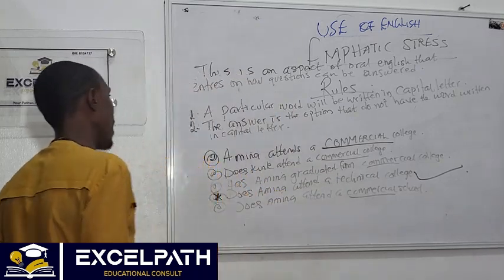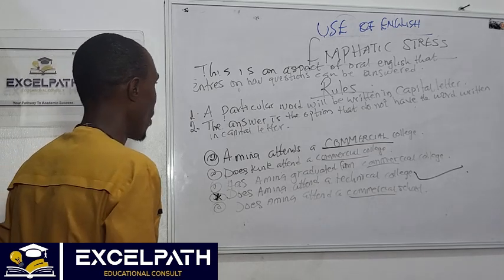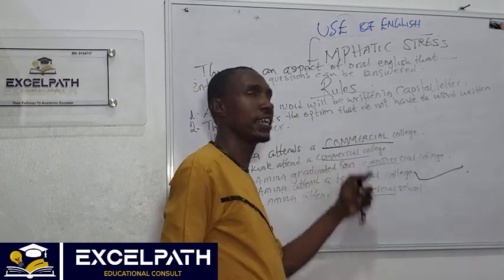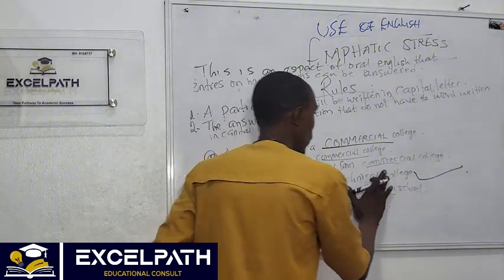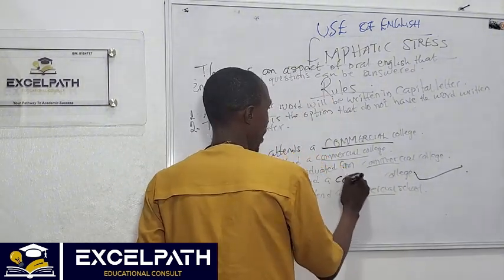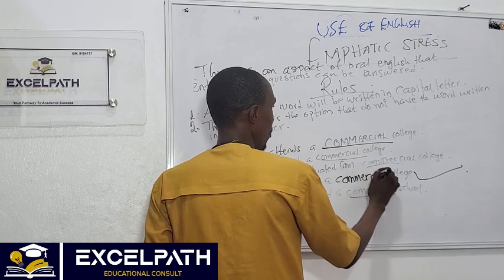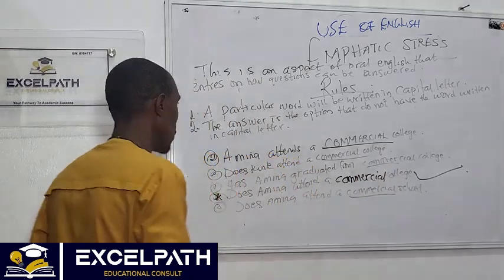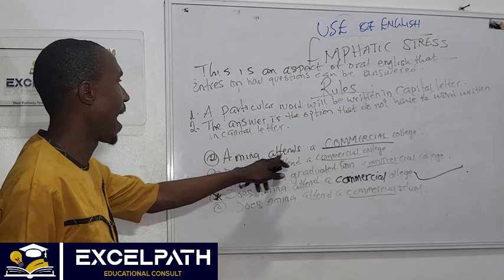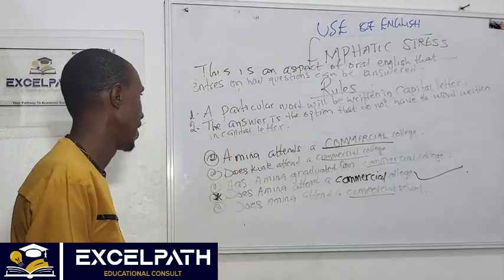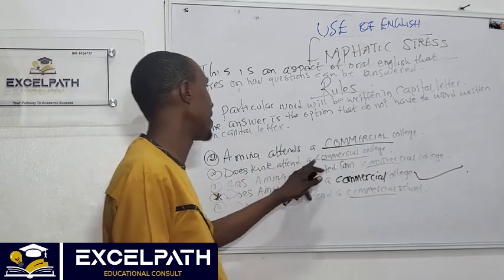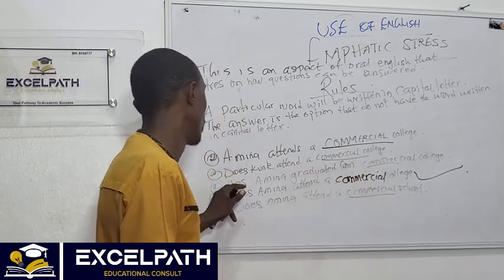But if someone asks me, what about if commercial is found in all the options? Then for instance, here also we have commercial. So they said Amina attends a commercial college. Does Kunle attend a commercial college?